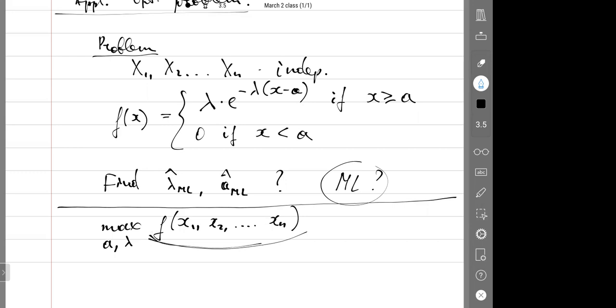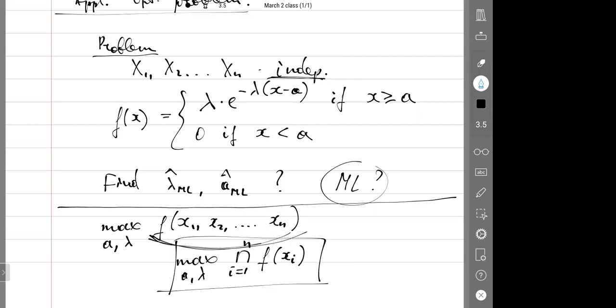And in case of independent variables, our joint density can be represented as what? Product. Okay, yeah. So we maximize with respect to a and lambda the product from 1 to n of f at xi. So basically, the probabilistic part of the problem is finished.